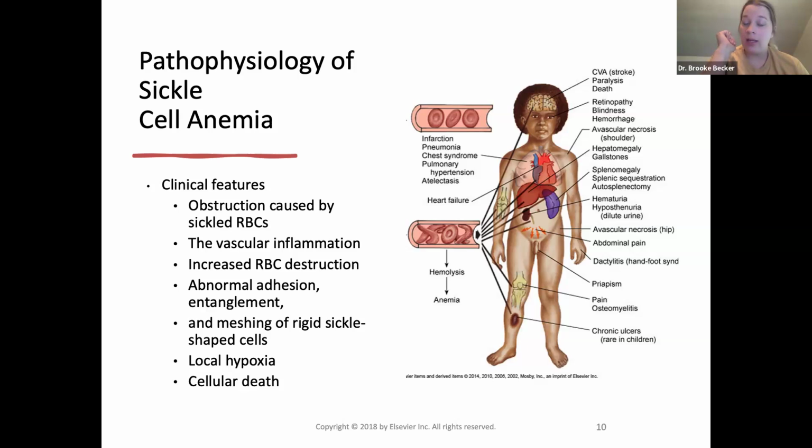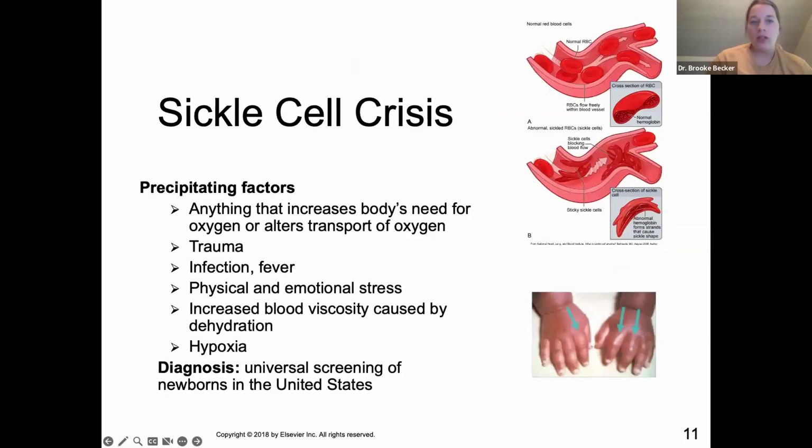When that's happening, that's when you see sickle cell crisis. So sickle cell crisis is when the occlusion is totally cutting off that vein, and anything after that obstruction is no longer getting the oxygen and the red blood cells carried to it.